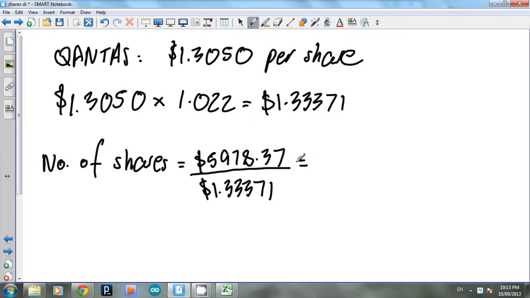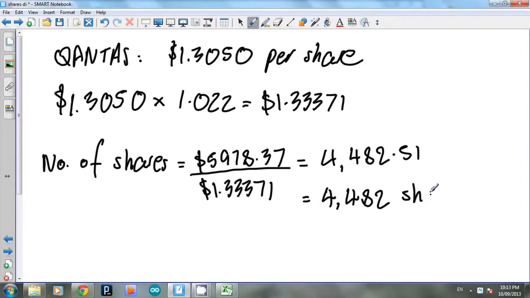It gives me 4,482.51. Now remember, I have to round that down always, so that's 4,482 in shares.